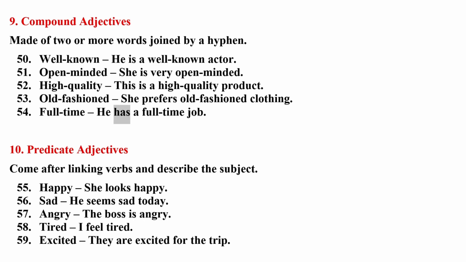Full-time: he has a full-time job. 10. Predicate adjectives: come after linking verbs and describe the subject. Happy: she looks happy. Sad: he seems sad today. Angry: the boss is angry. Tired: I feel tired. Excited: they are excited for the trip.